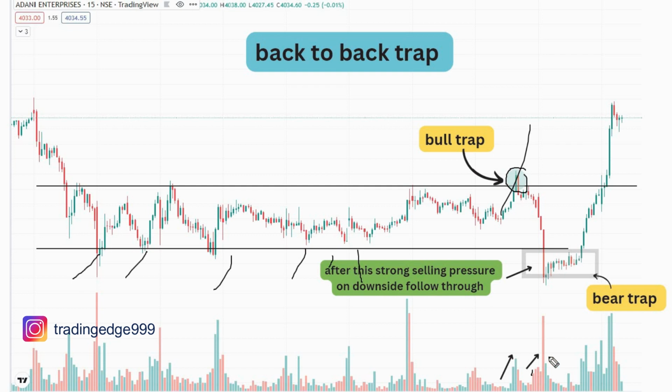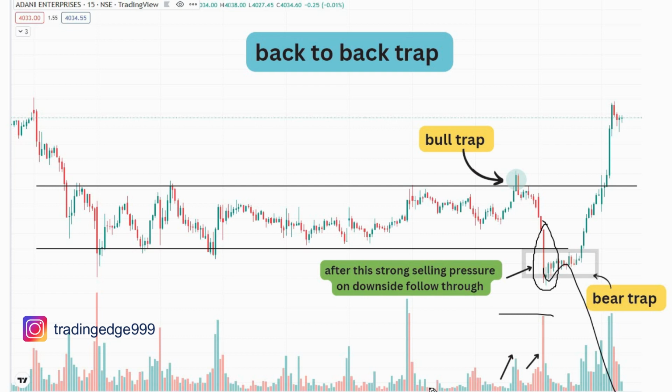And now there is an increase in the selling pressure towards the downside, and eventually prices broke this important support zone. So if sellers were very strong now, they should have continued the downward momentum if they were dominant. But what happened? After this huge candle with huge volume, there is no follow through towards the downside.